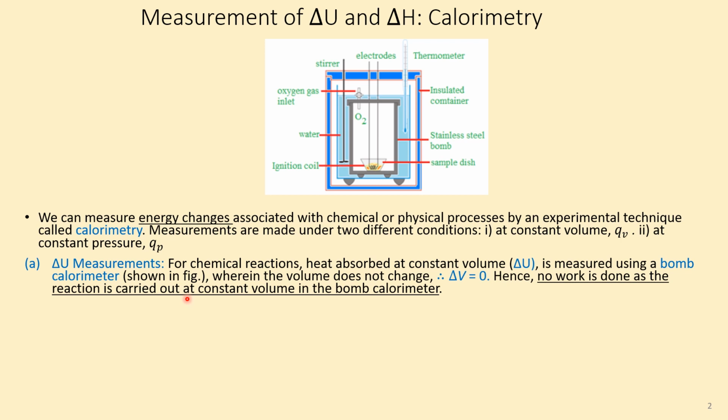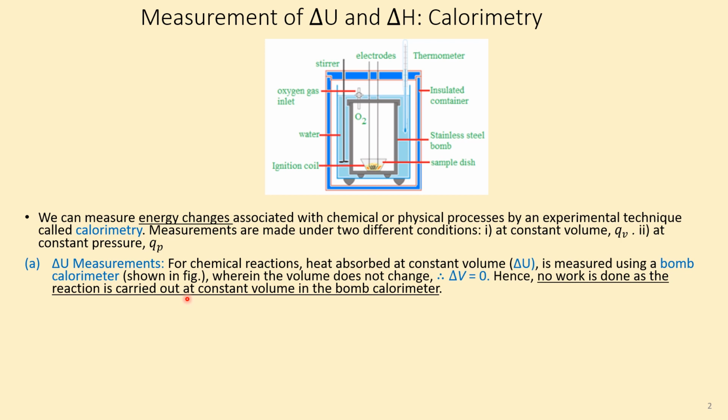For chemical reactions, heat absorbed at constant volume is delta U, and it is measured using a bomb calorimeter shown in the figure. This calorimeter is made of austenitic steel, which provides considerable resistance to corrosion and enables it to withstand high pressure.